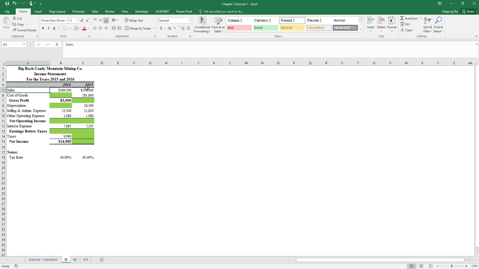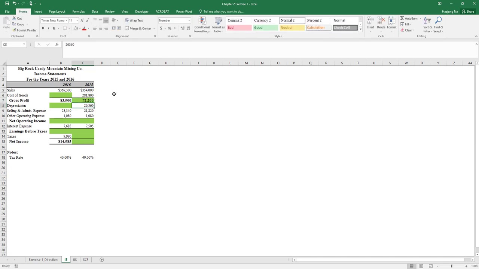Okay, so let's begin with 2015. You start from sales and then go down to COGS. The next thing you find is gross profit, right? And gross profit is always the difference between sales and cost of goods sold. So let's type in the formula, which is the equal sign, and then sales minus cost of goods sold.